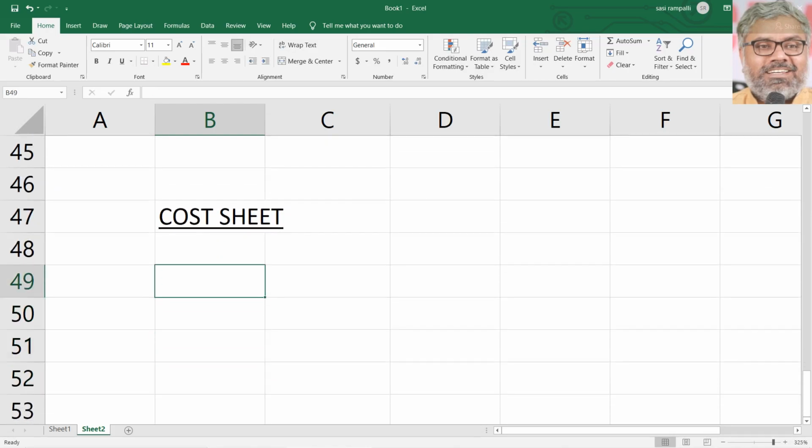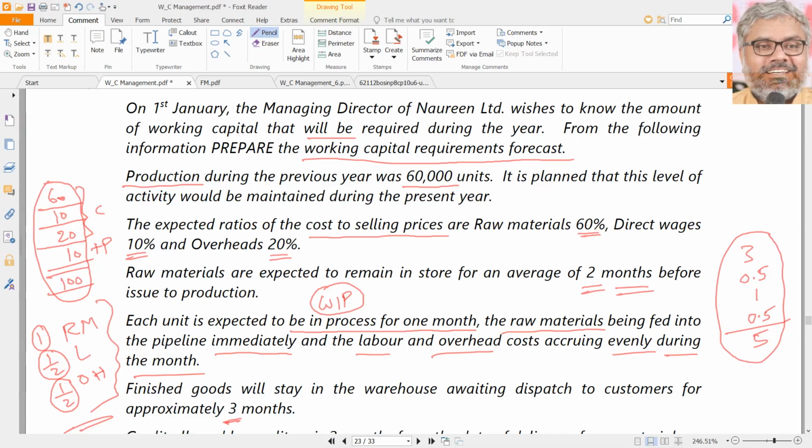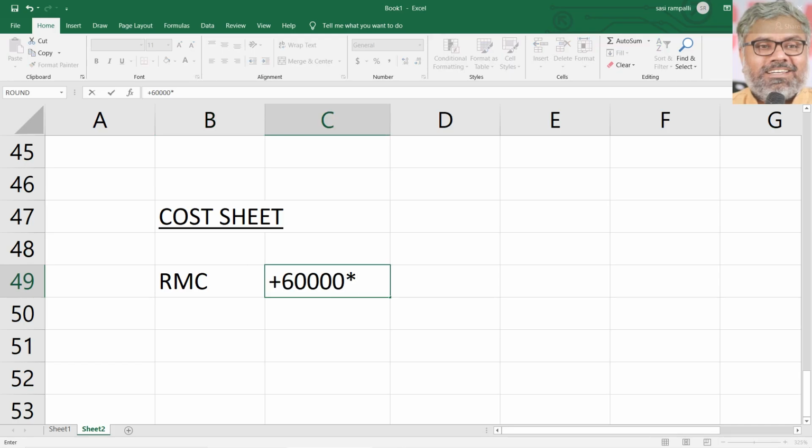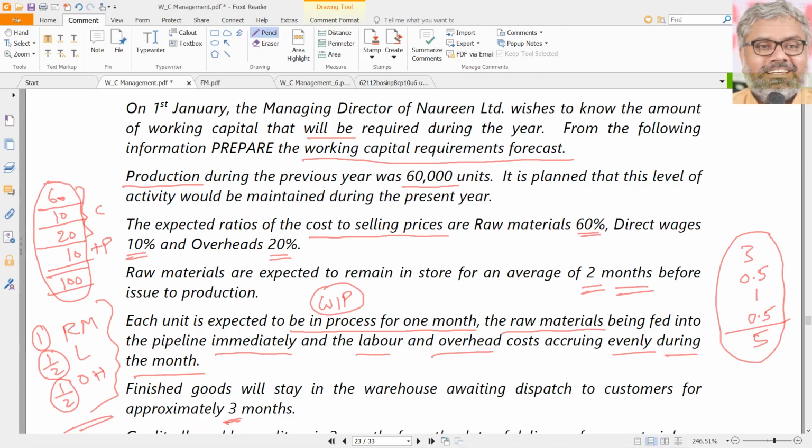In that, one by one, raw material consumption has to be taken. How many units of output are being produced? That is 60,000 units. And what is the raw material cost per unit?